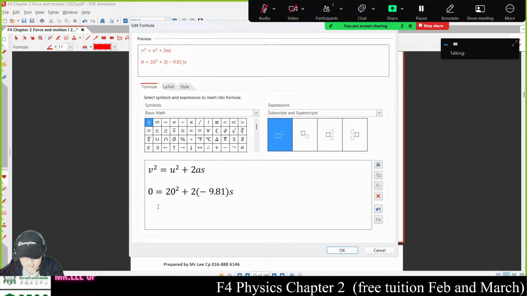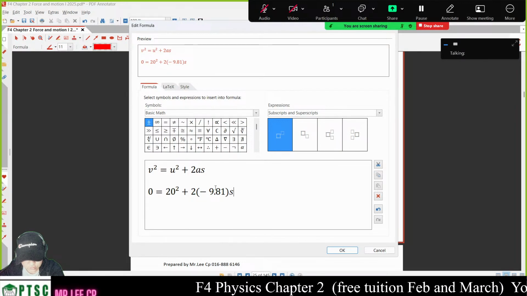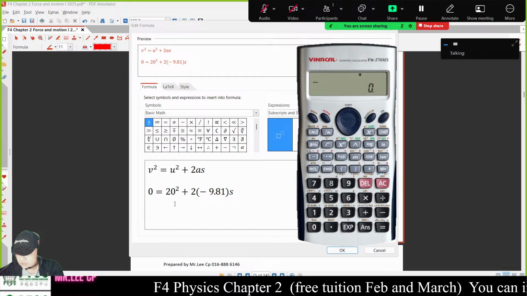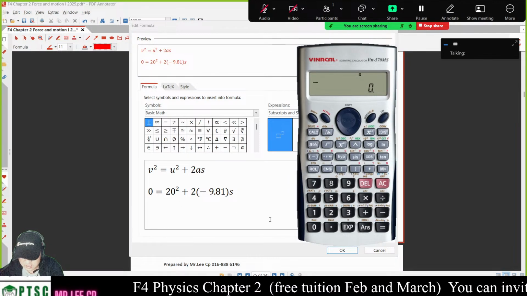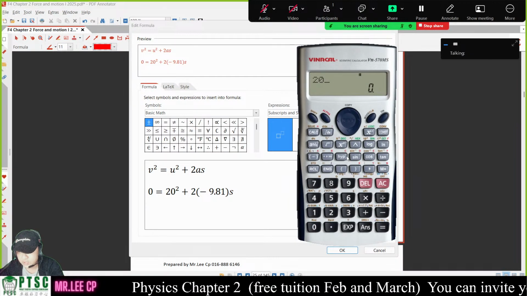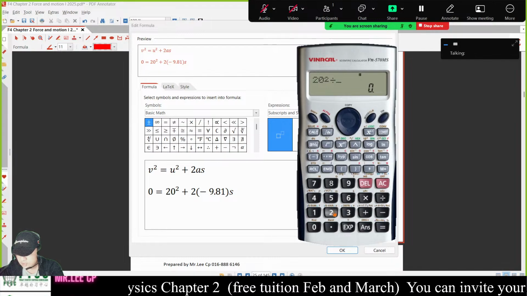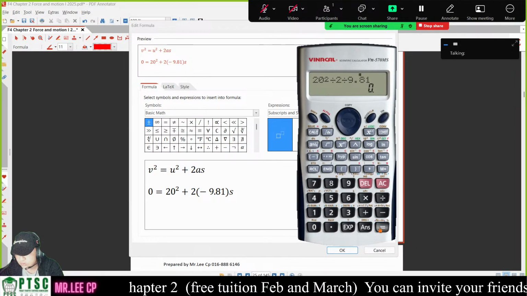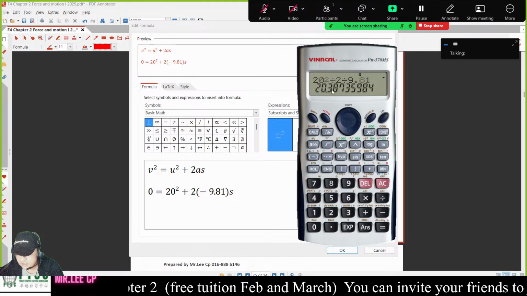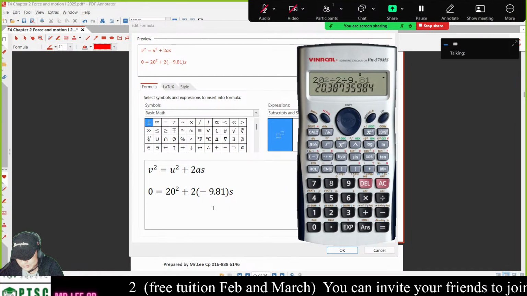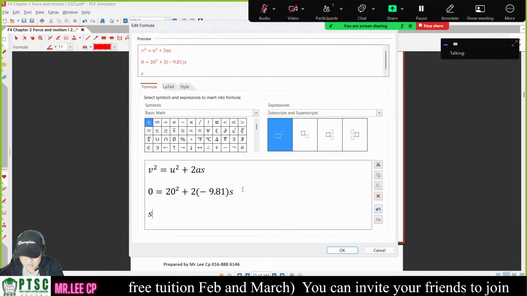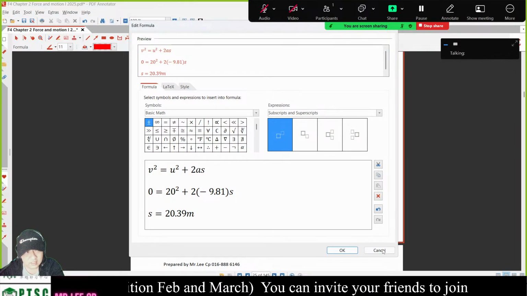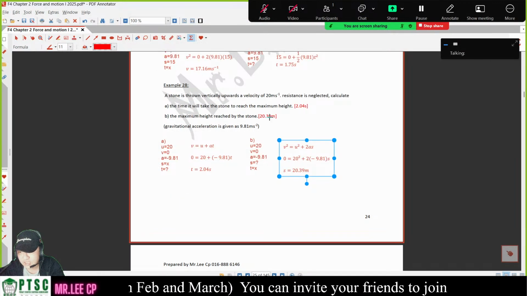It's negative 20 squared divided by 2 divided by negative 9.81. So I know it is negative and negative, so it is positive already. 20 squared divided by 2 divided by 9.81. So I all put in positive. Right? Faster. 20.39. S is 20.39. Unit meter. S is displacement. Displacement in meter. 20.39.